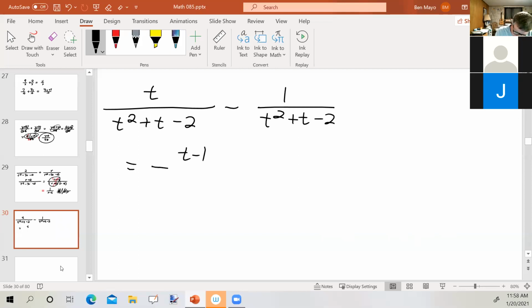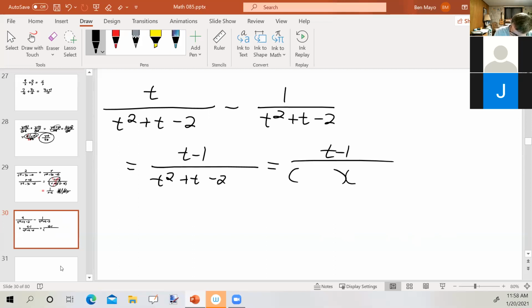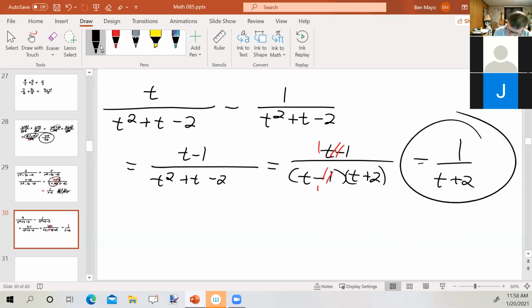So that would be t minus 1 over t squared plus t minus 2. However, I can factor the denominator into t minus 1 times t plus 2. And then come back and reduce out the common factor and get a final answer of 1 over t plus 2.